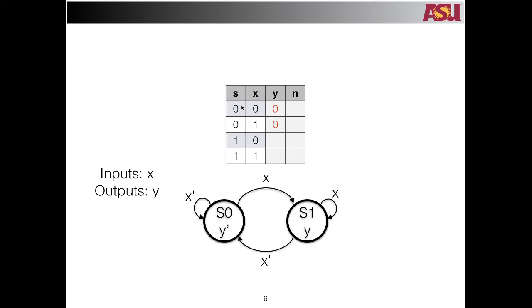All right, so what you are going to do is basically go into the first row, and we are in state 0. That means we are in state S0. Remember, we have the encoded value 0 for S0, and X is not pressed. The only transition that can trigger in this situation is this one up here, because this transition doesn't start in this state.